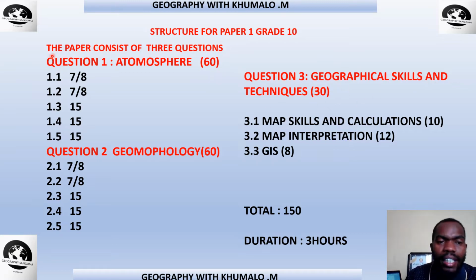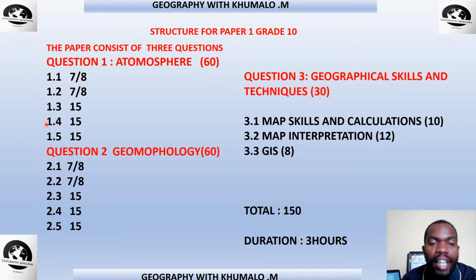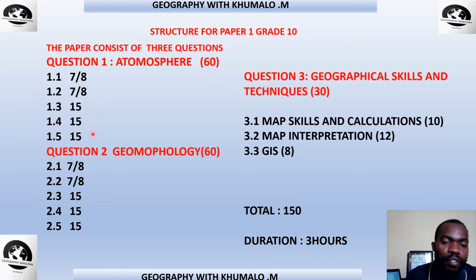Now you can see, grade 10s, that 1.1 is 7 or 8 marks, 1.2 is 7 or 8 marks. Those are your questions like match column A with column B, choose the correct word from the brackets, define matching concepts, and all of those questions. Then we've got 1.3 out of 15 marks, 1.4 out of 15 marks, 1.5 out of 15 marks, in the same manner in question 2.